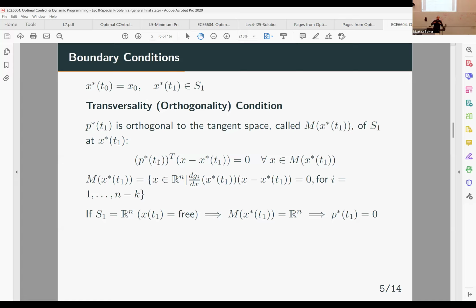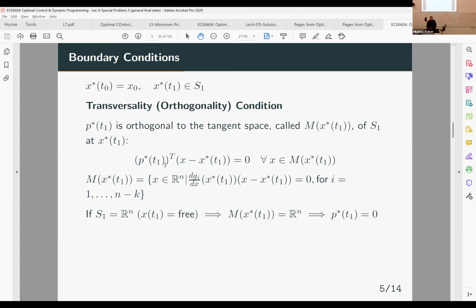Now x at T1, we are given in the problem that it could be anything, which means that we don't have a final boundary condition. So we cannot solve the states and co-states unless we have the boundary conditions. So how do we get the boundary condition?